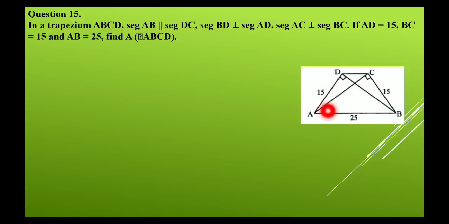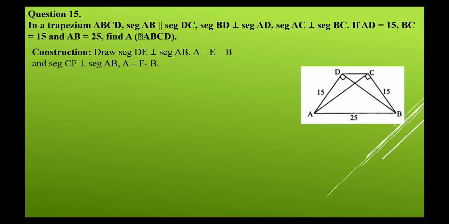This is the figure, children. Trapezium ABCD. Here AB is parallel to DC and AD is equal to 15 and BC is equal to 15 and AB is equal to 25. We have to find the area of quadrilateral ABCD.